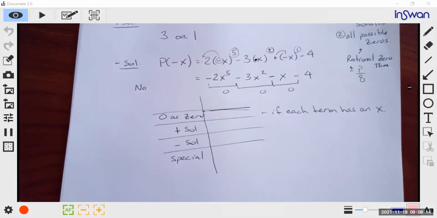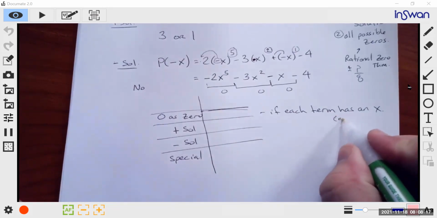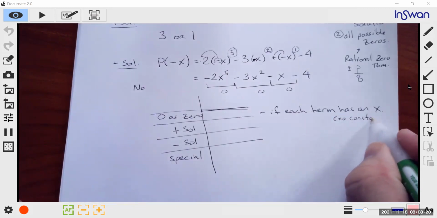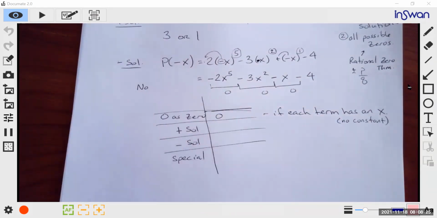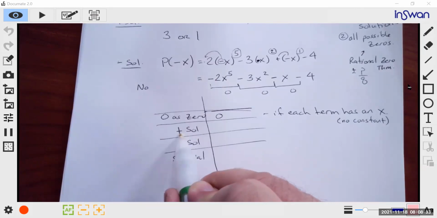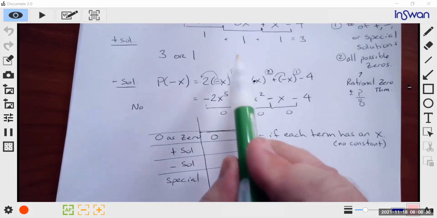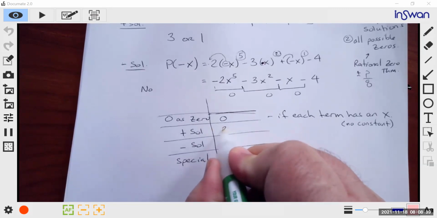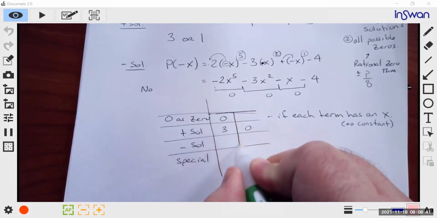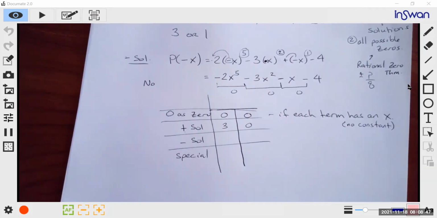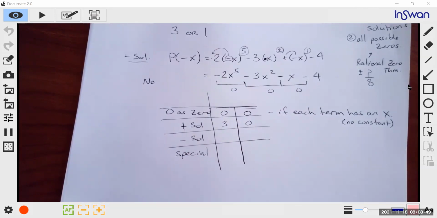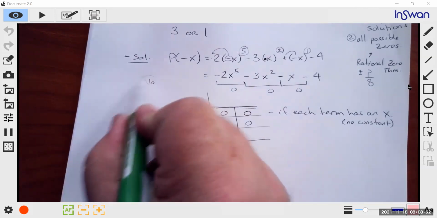In other words, there's no constant terms. But we have a constant, so we can't have any of those. Number of positives. We saw we had 3 sign changes, so it's either 3 or 1. Again, you can't have any zeros. How many negatives are there? 0. So there's none.